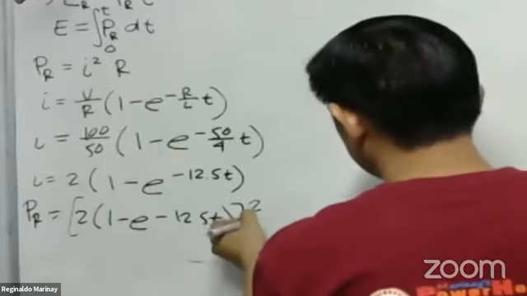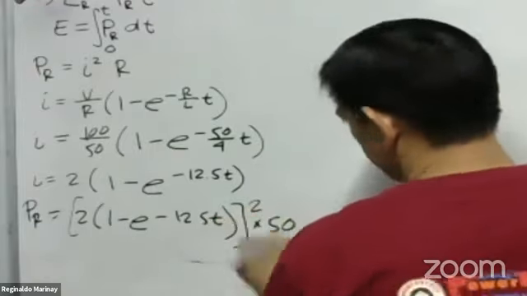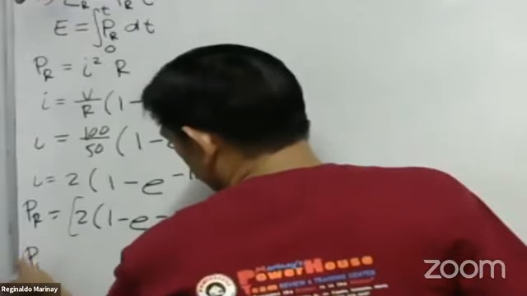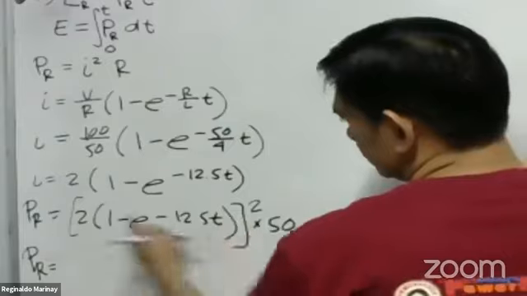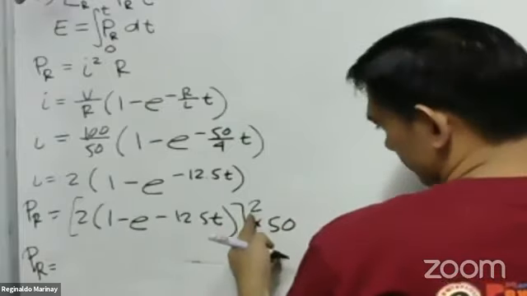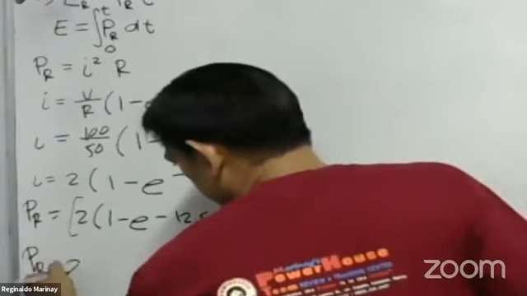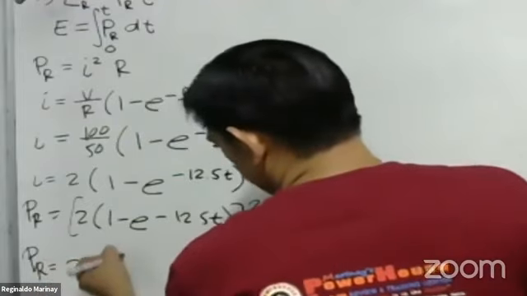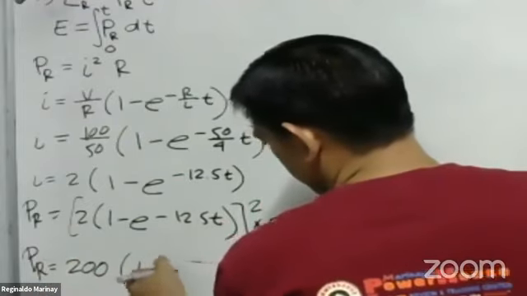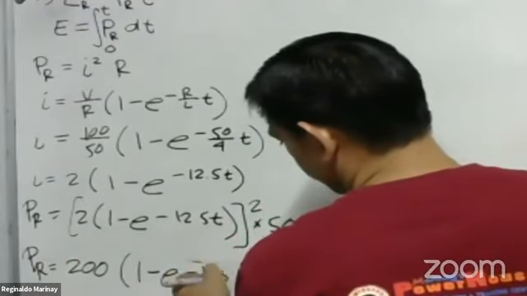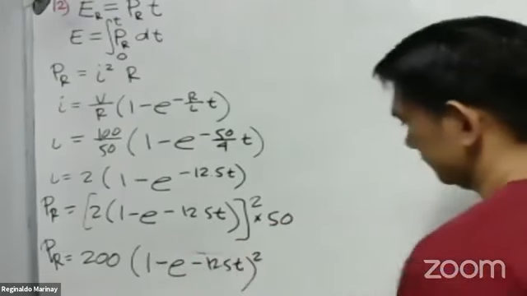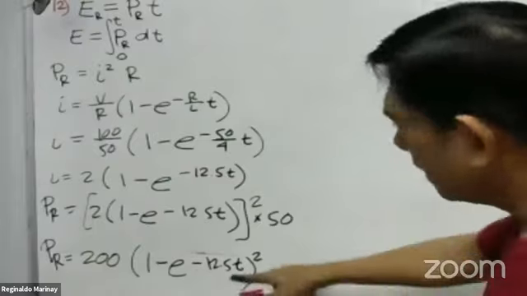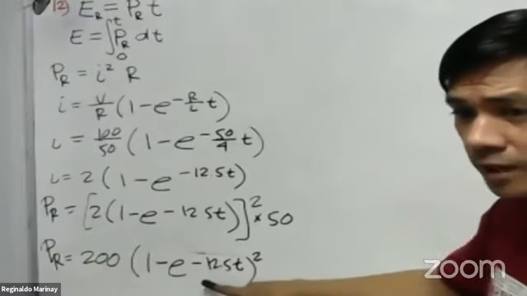So times 50. What is 2 squared? 2 squared is 4, times 50, that is 200, and then 1 minus e raised to negative 12.5 t quantity squared. This will be our equation for PR.